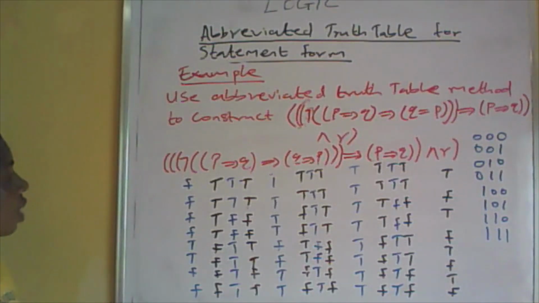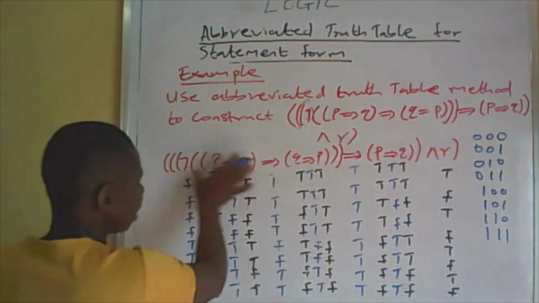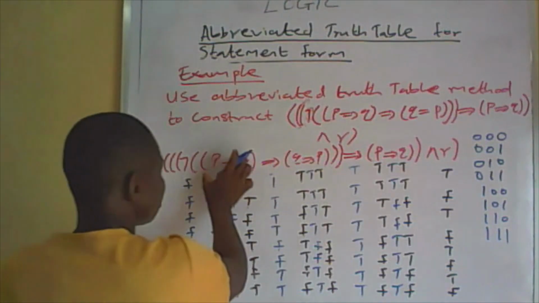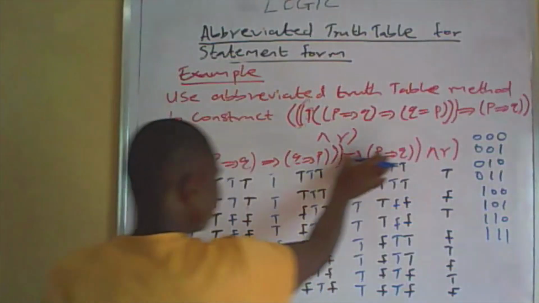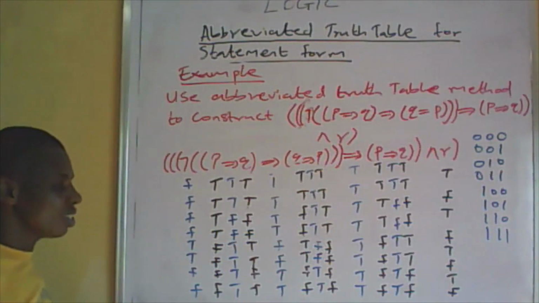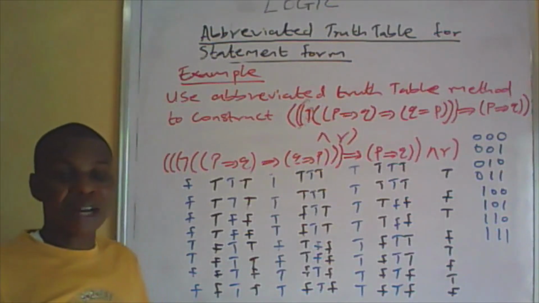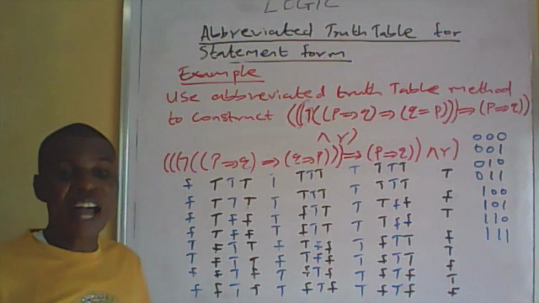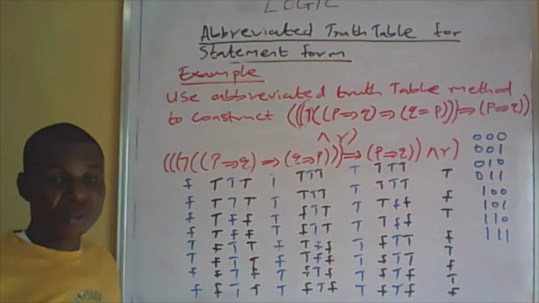So now, having gotten this statement, we are going to combine this whole statement with this connective, and. For the and connective, we have truth if the conjuncts are true.